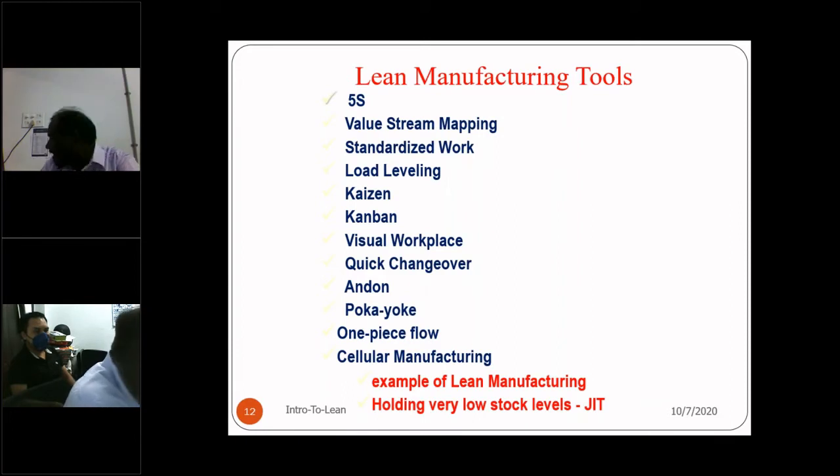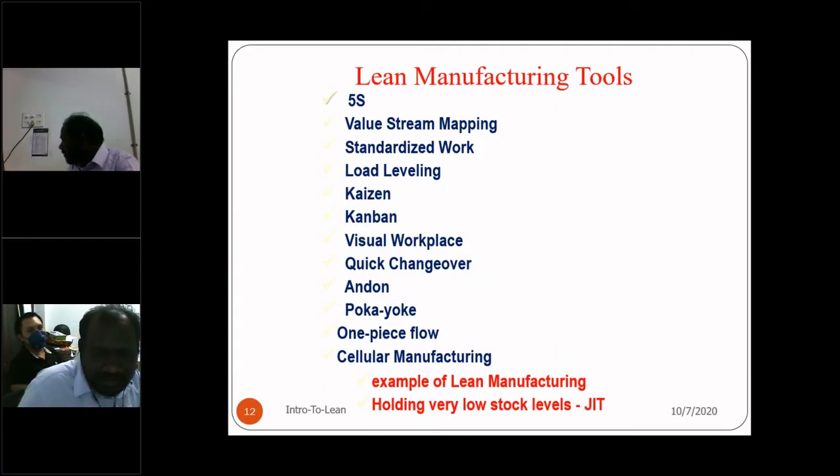Sir, can you give permission to the other system also? I have made both systems organizers, but you have to stop this slide first, then you can share the other. How should I start sharing?